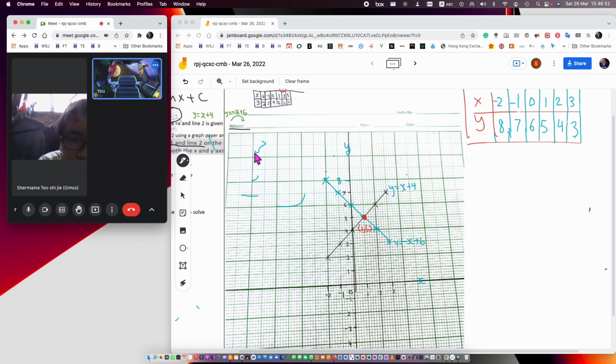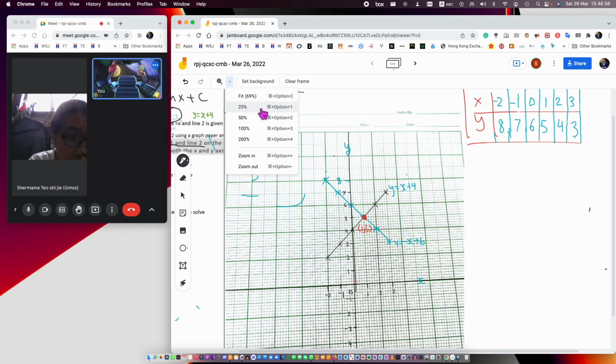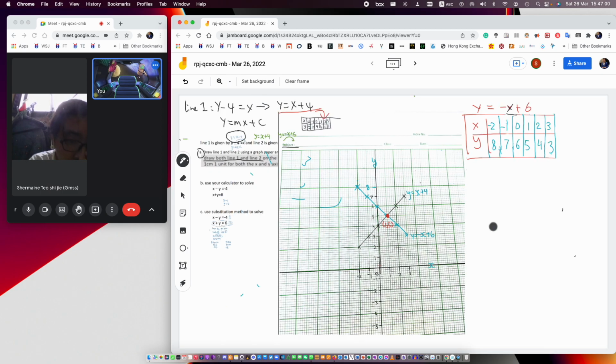Okay, good. So now if this is the graph, correct, then if you look at your calculator to solve, it's also 1 and 5. X equals to 1, y equals to 5.